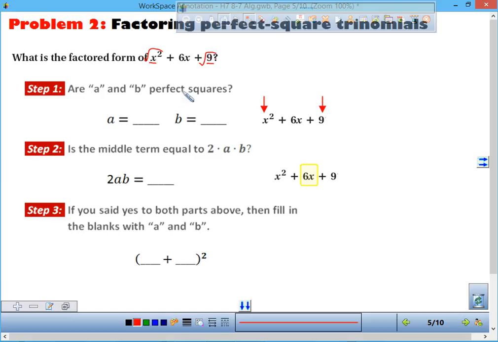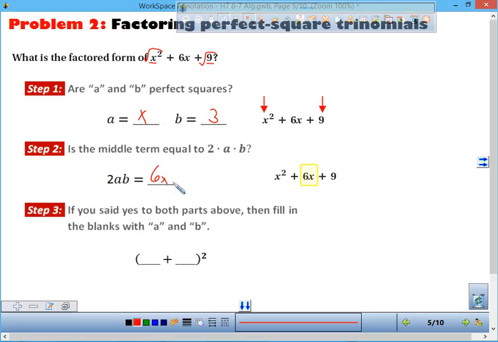So the square root of x squared is x, and the square root of 9 would be 3. Now, step 2: is the middle term equal to 2ab? 2 times x is 2x times 3 is 6x. Does that give us our b term? Absolutely it does. So it's 6x.